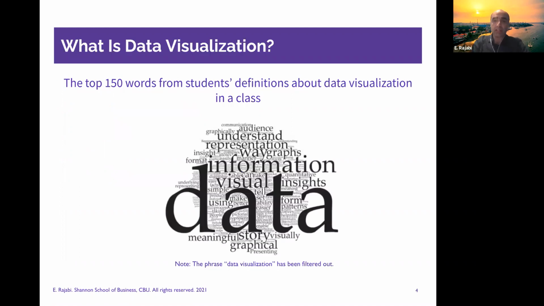So I start with the data visualization definition. One professor asked students to define data visualization in a class and collected all the words, and now you can see the top 150 words from the students' definitions about data visualization, excluding data visualization as the main term.